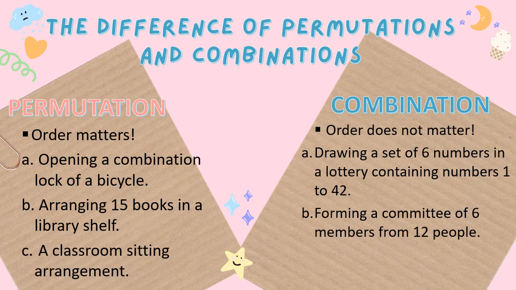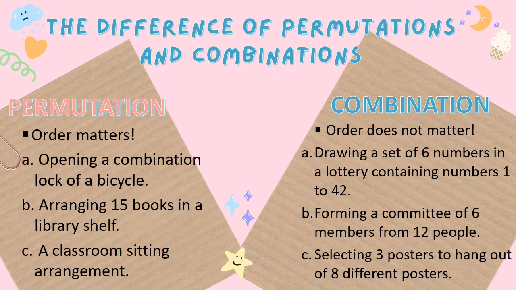Forming a committee of 6 members from 12 people. And then, what else? Great! Selecting 3 posters to hang out of 8 different posters. Ayan, let's have an example para mas lalo nating makita yung difference ng dalawa.